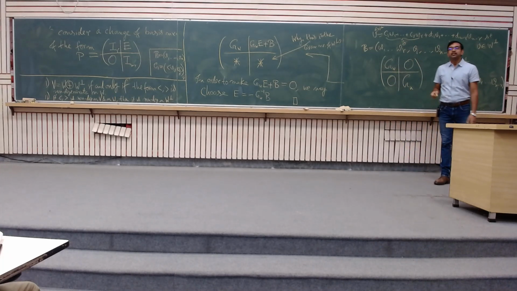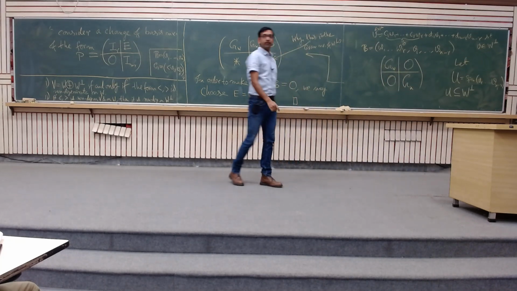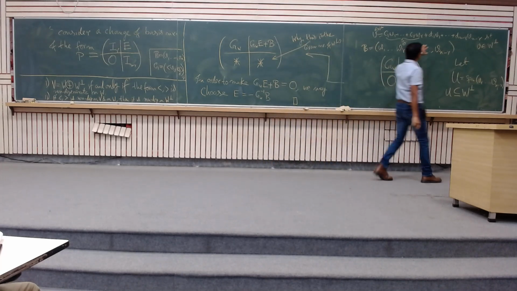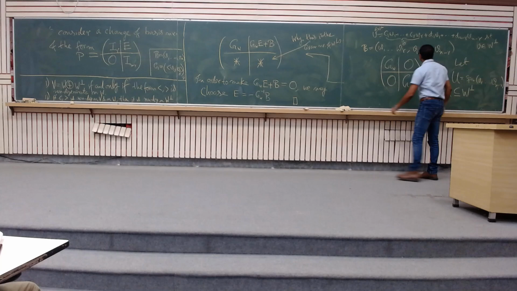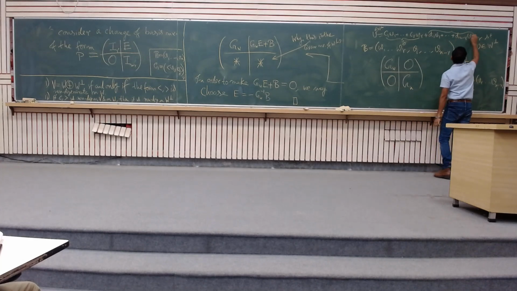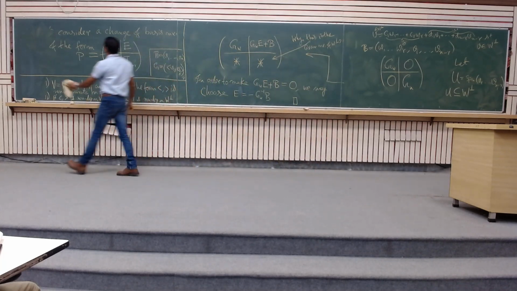So you can take the component along V1 to Vn minus R to the other side, V minus this. Maybe give this a name, maybe call it V prime.